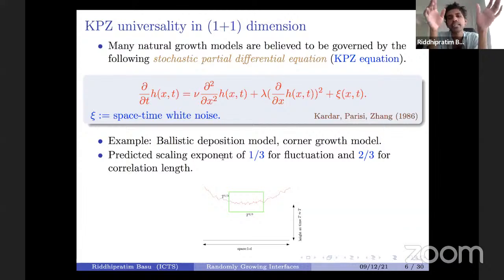So what do I mean by that? It means that if I look at the interface at time t, and if I look at two spatial locations x1 and x2, which are much further away than t to the 2/3, so if x1 minus x2 is much larger than t to the 2/3, then the correlation between the heights is very small.